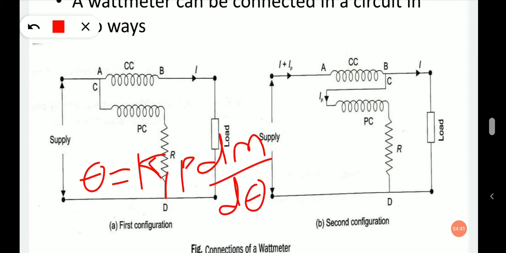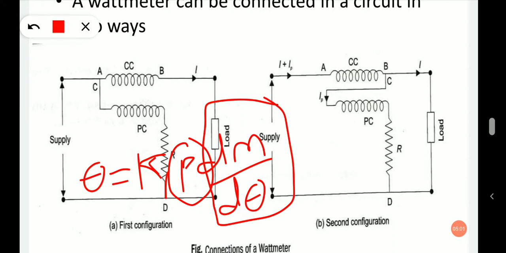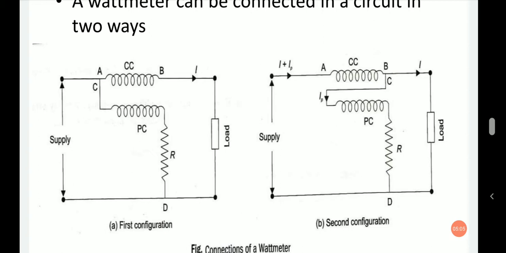From this equation we can say the deflection of the wattmeter is in direct proportion to the power, that is P. In the range of the instrument for which dM by d theta is constant, the scale will be uniform.